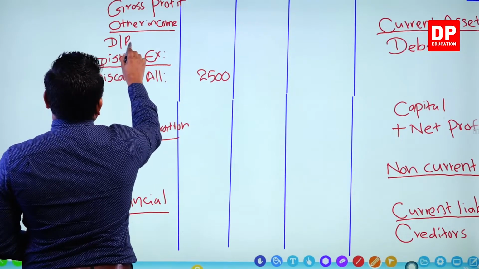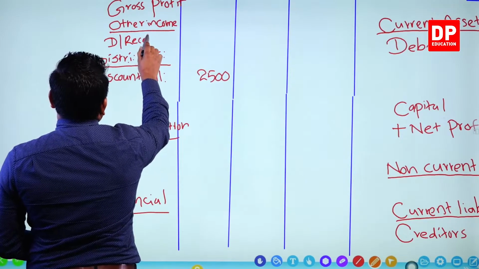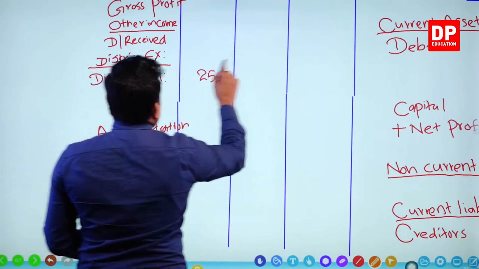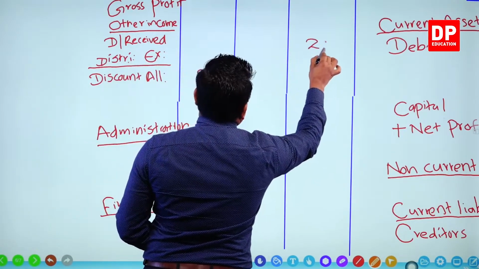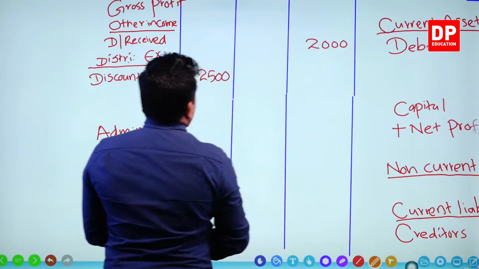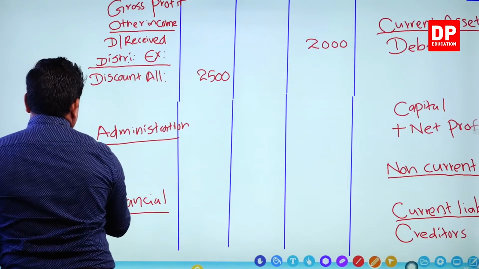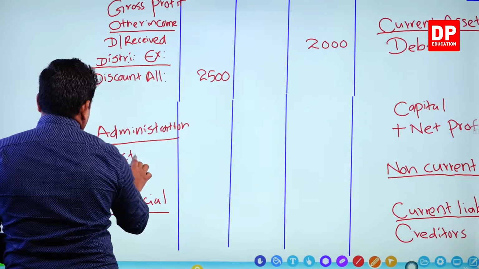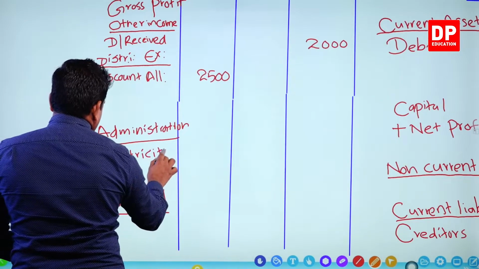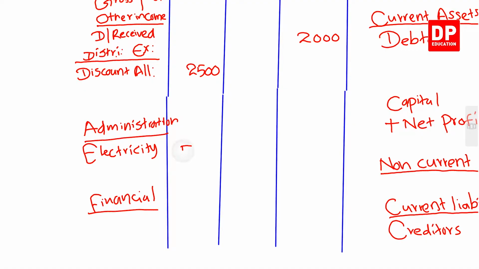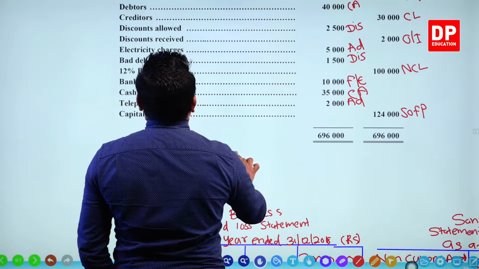Discount received. Only one other income, so that's why we bring it to the corner. Then electricity 5,000, it comes under the administration.